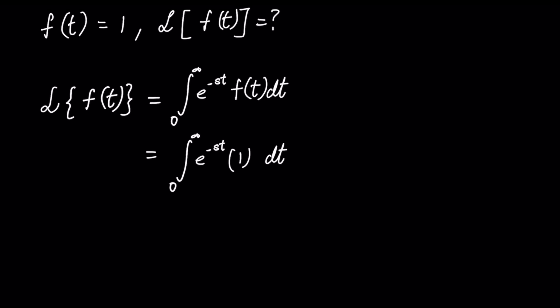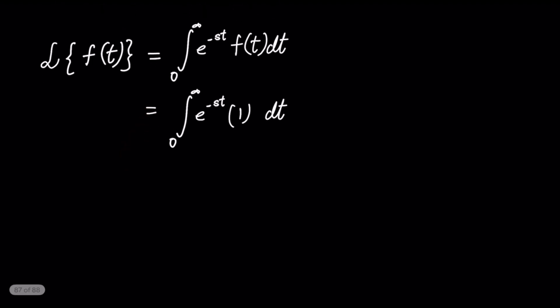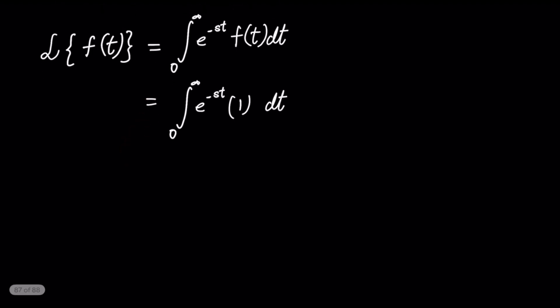Now we are going to integrate this expression. As we can see, it is a definite improper integral because it has an infinite upper limit. To handle this, we will introduce a limit, t approaching infinity. So to rewrite this expression, we're going to be doing this.